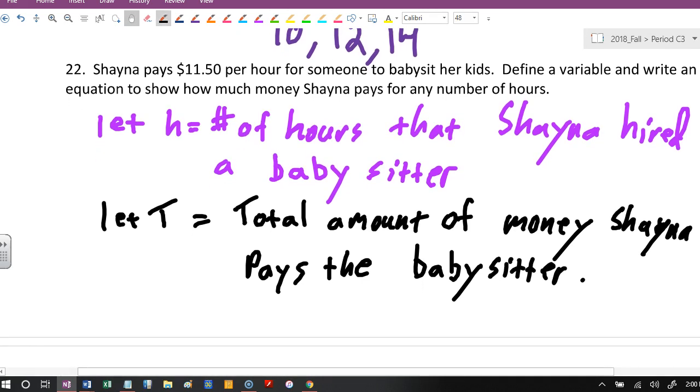And our equation is, anybody? $11.50 times H equals T. I just put 11.5 H equals T. Good. Or you could have done it the other way. T equals 11.5 H. Good job.